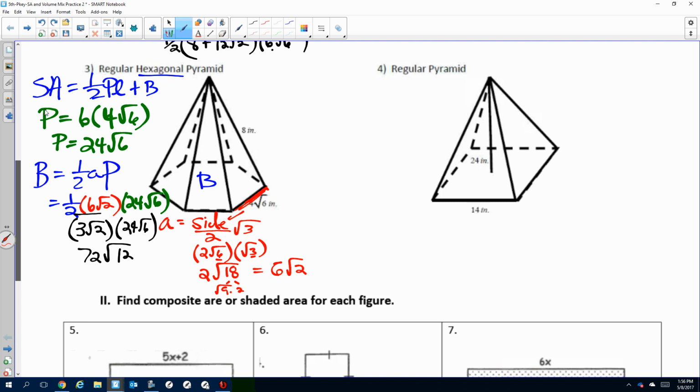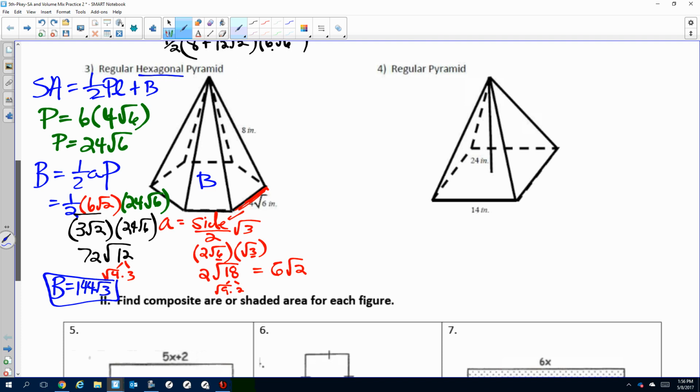And that 12 can be broken down to 4 and 3. 4 is a perfect square, so times by 2, so we get 144 root 3. I probably need to do that in blue, so let me fix that. So our area of our base, our capital B, equals the 144 root 3. I'm going to box that.